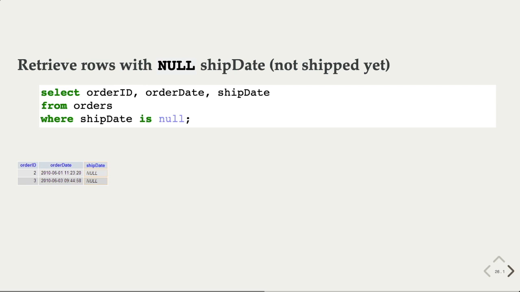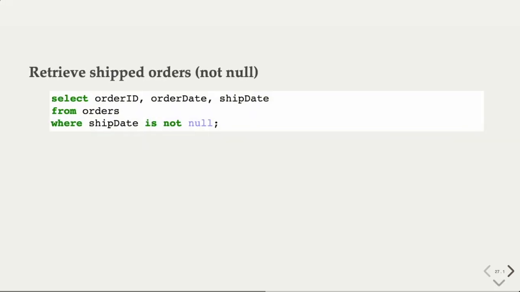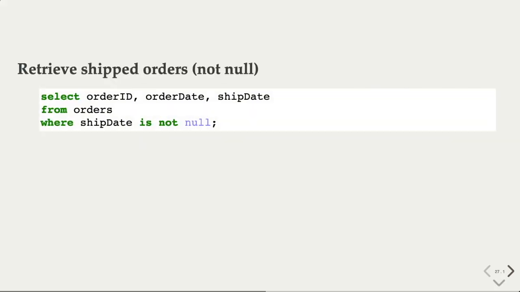So with this where ship date is null, we can retrieve all the records without a ship date, or the orders that have not been shipped yet. So this is a null value, which means there's no value yet for that particular column.